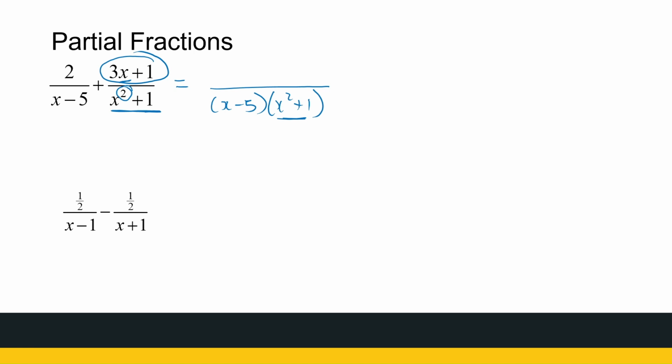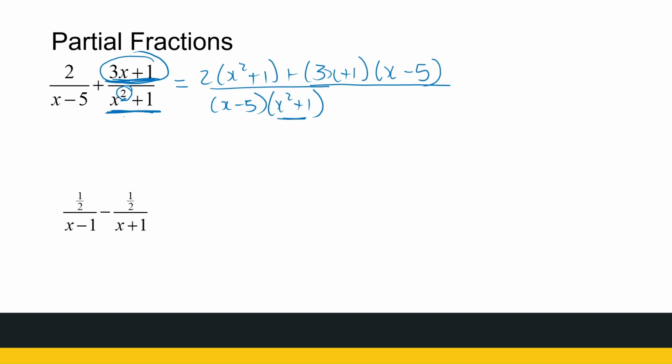I'm not interested at the moment in adding these fractions together. I just want you to notice what they look like if they're taken apart. So this will be 2 times x squared plus 1 plus 3x plus 1 times x minus 5, which you can simplify. But take note, it is still a proper fraction if I've got a square in my denominator and a linear function in the top.